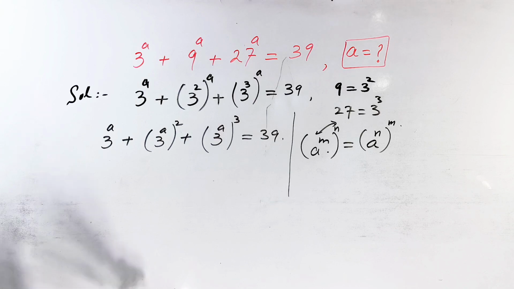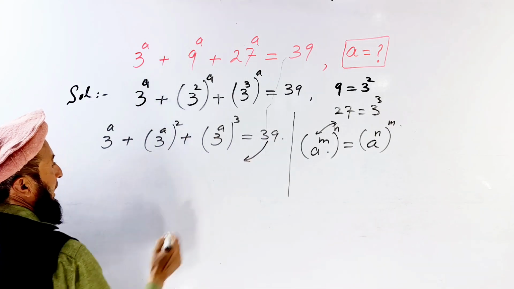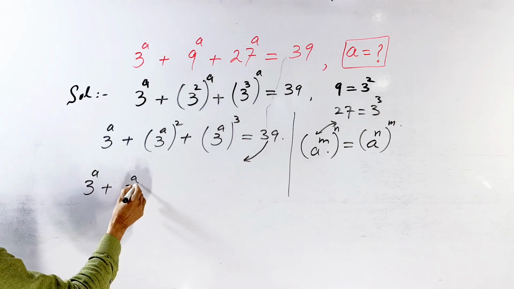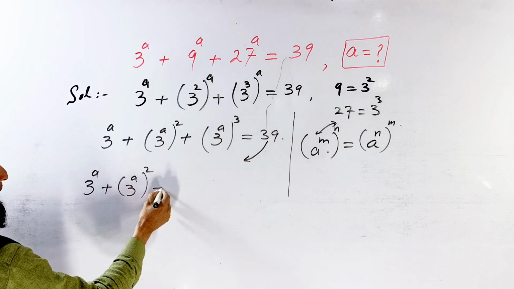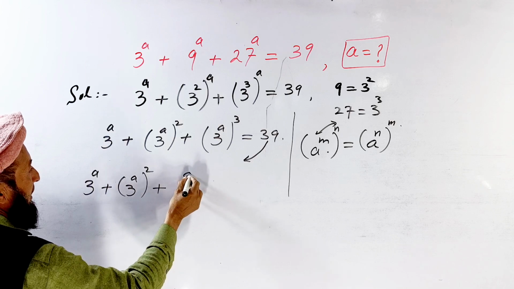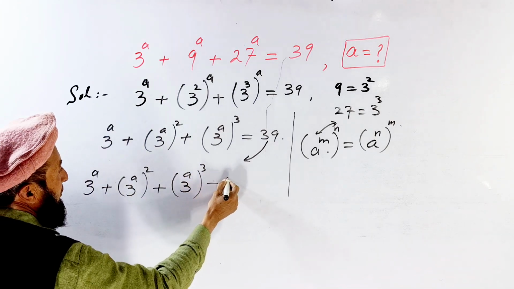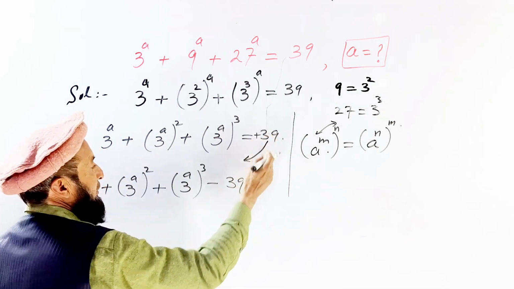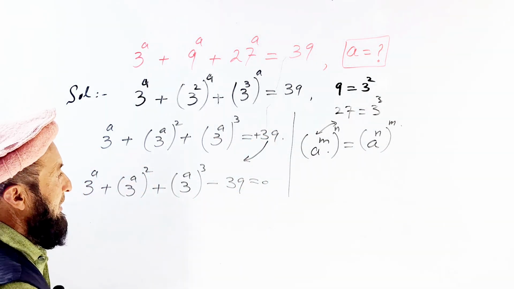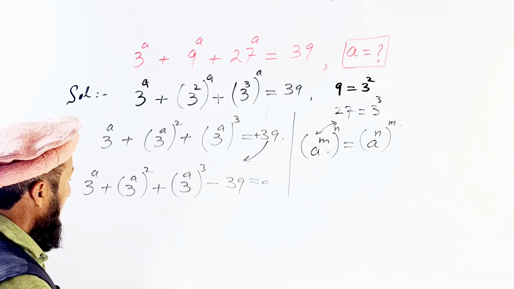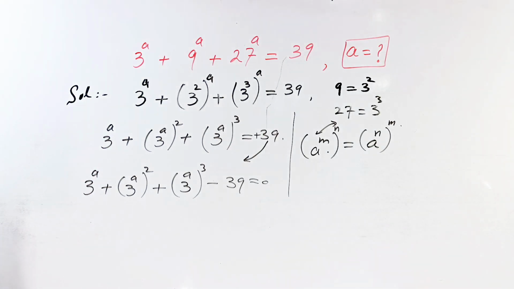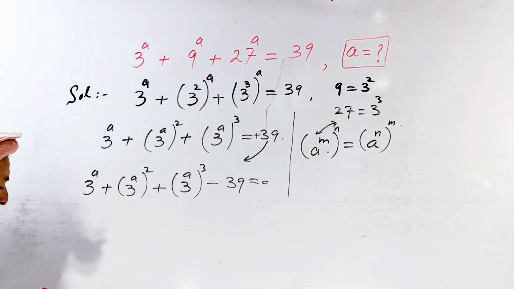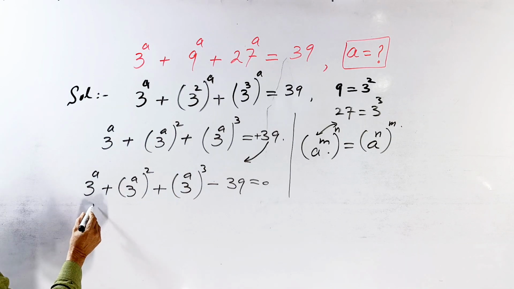Now we transfer this constant value to the left side. We can write 3 exponent a plus 3 exponent of a square plus 3 exponent of a cube minus 39 is equal to 0. Here it was positive; if we transfer it to the left side, its sign is also changed. Now look, 3 exponent a is common in all the terms.